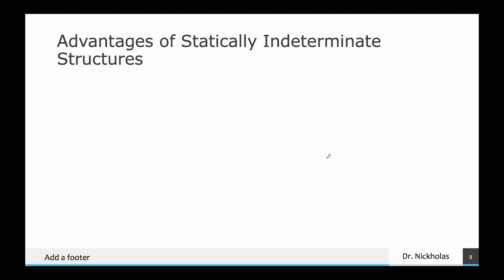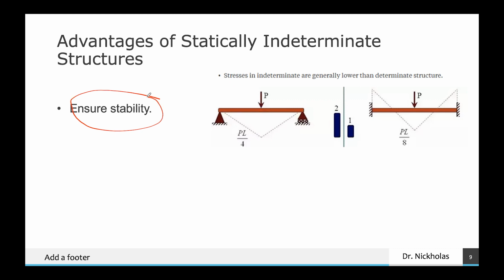Okay, so why do we need to use this indeterminate structure? The first reason is to ensure the stability of the structure. By imposing an external redundancy, it can lower the stress imposed on the structure, compared to the determinate structure, because it can absorb another stress.